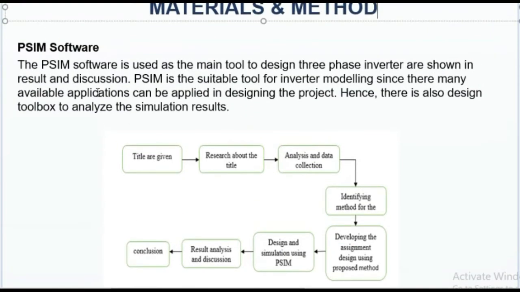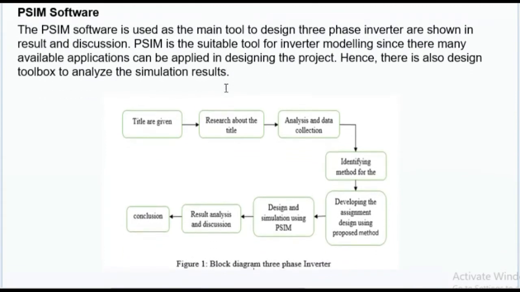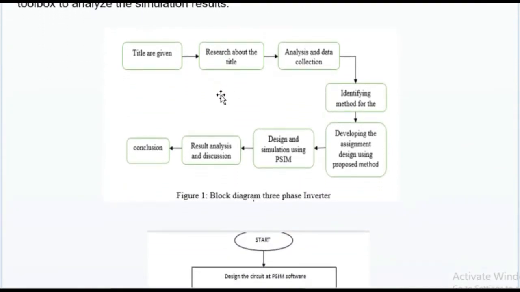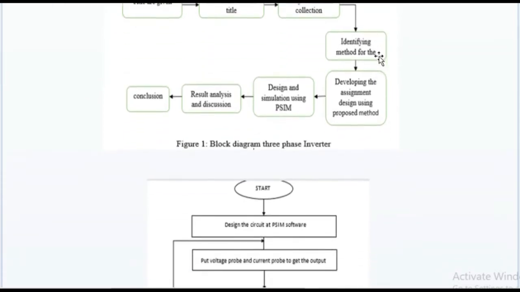So, the method before we simulate the circuit. First, the title is given. We research about the title and analyze the data. After that, we identify the method for use in this assignment.